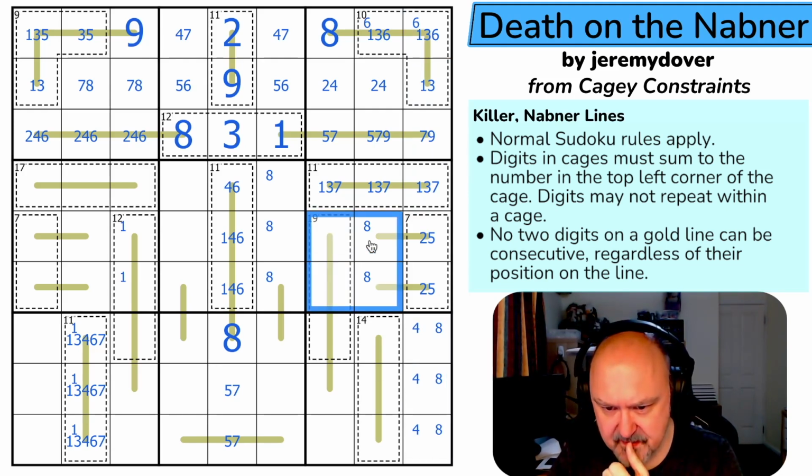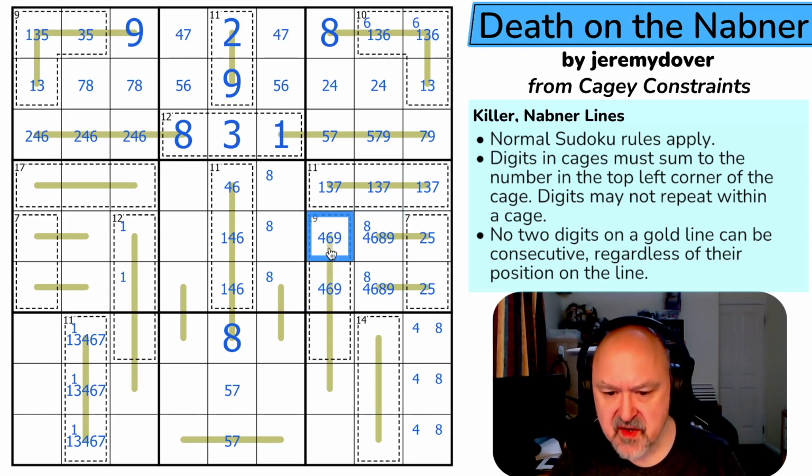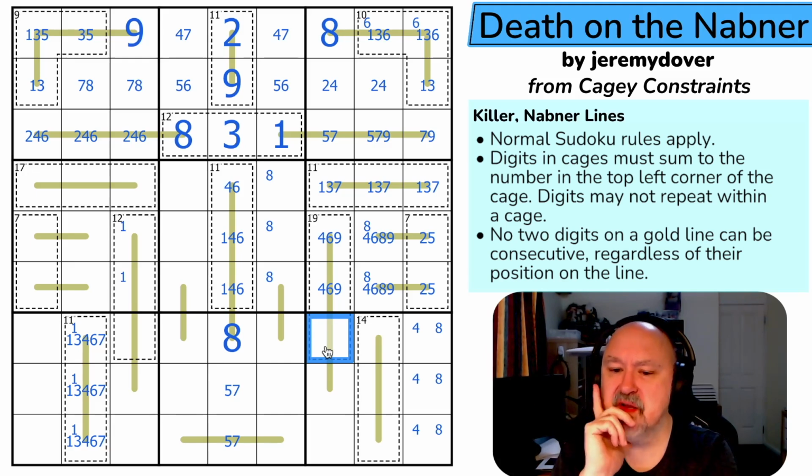But these, I'm going to mark this quad. 4, 6, 8, 9. And we know there's no 8 in there. So if this is 4, 6, that would be 9. But I think that's a problem, isn't it? Actually, it's not. I originally was saying that would be a problem.